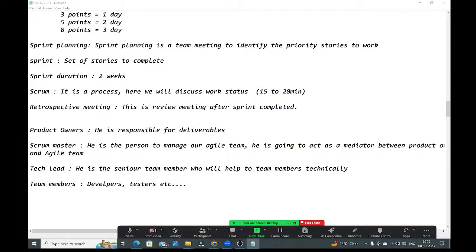Understood? Yeah, I understood. Why I'm asking is that a few interviews ask twisted questions. One product owner can work on multiple things, so he will be occupied with different meetings and won't get the time to connect with you.